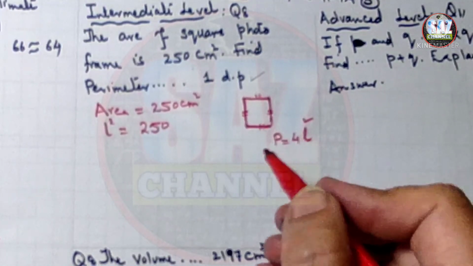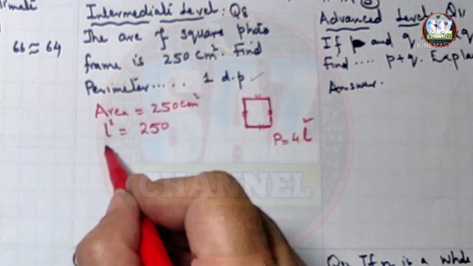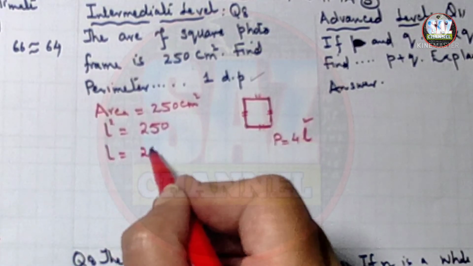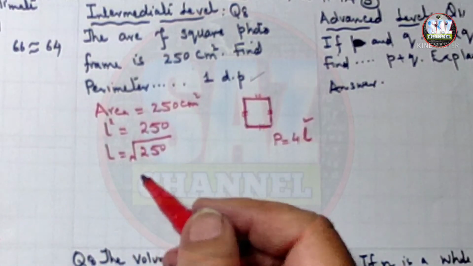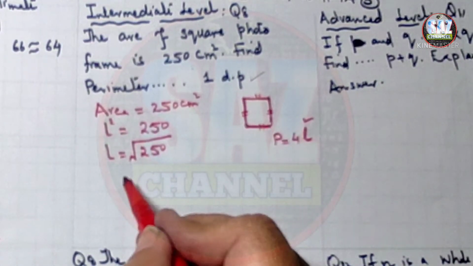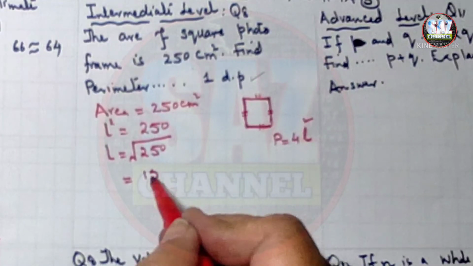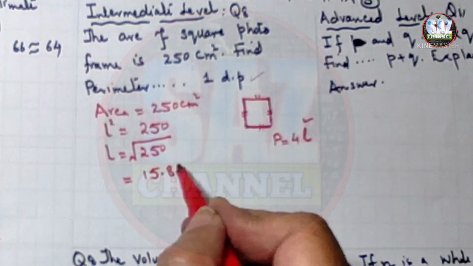So in order to get the length of one side, students, I have to take the square root of 250, as it is not a perfect square, so I am taking the square root with the help of a calculator, which is 15.81.